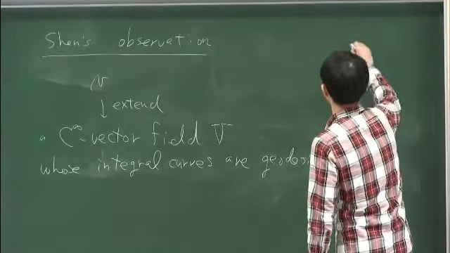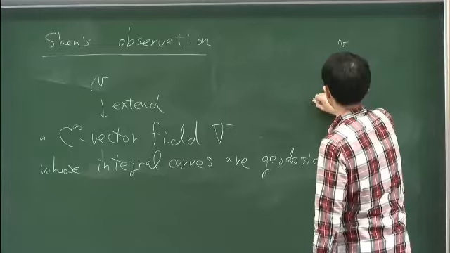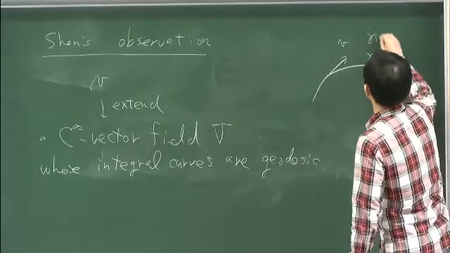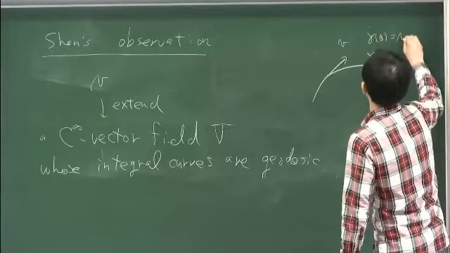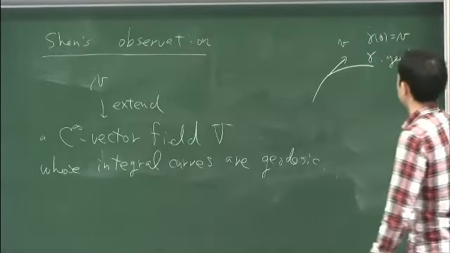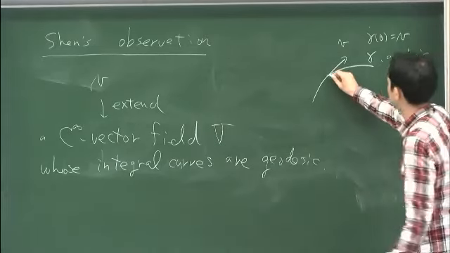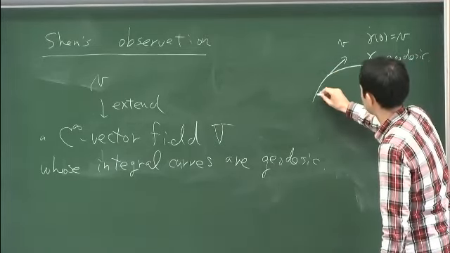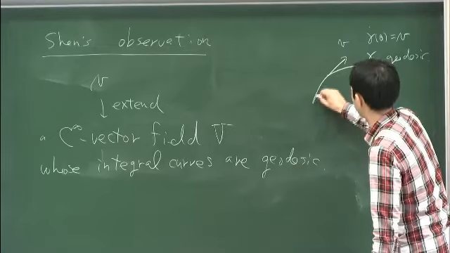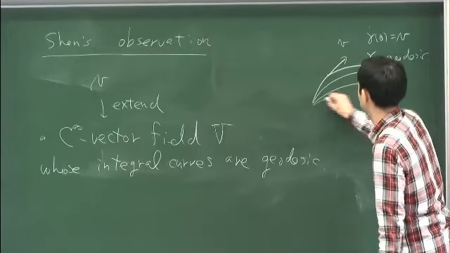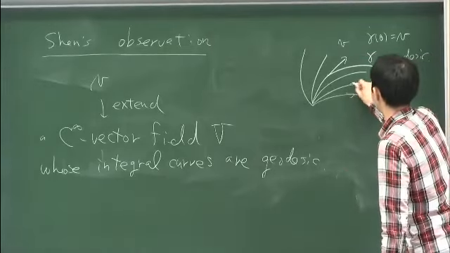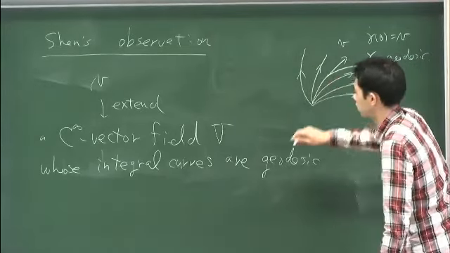We fix some vector V and consider a geodesic gamma passing through this point with gamma'(0) equal to V. So this is a geodesic. And then we go back along this gamma a little, and we consider gradient vectors of the distance from this point.